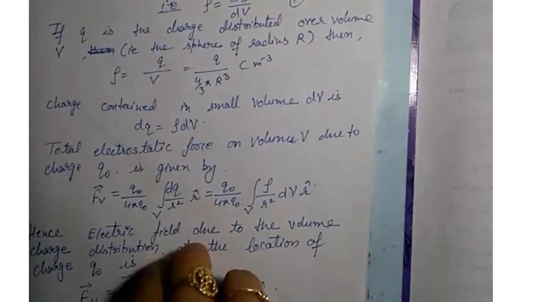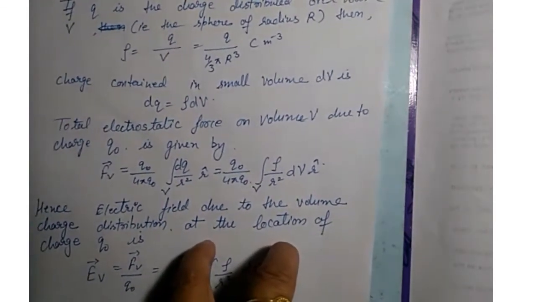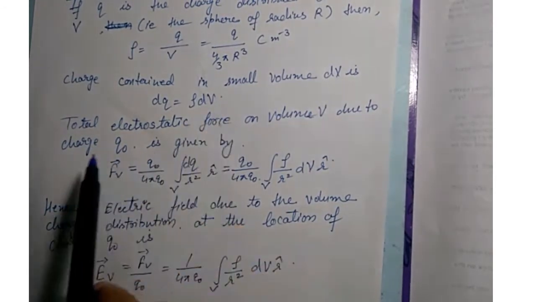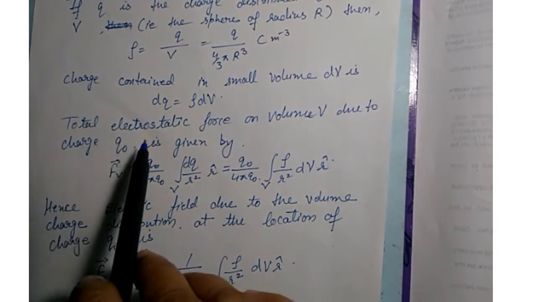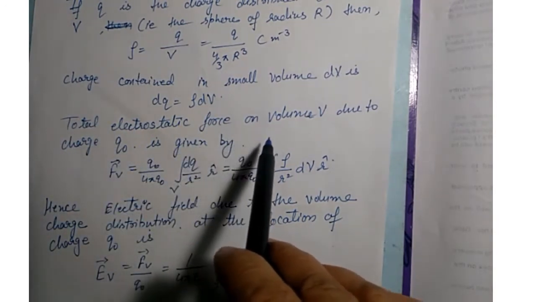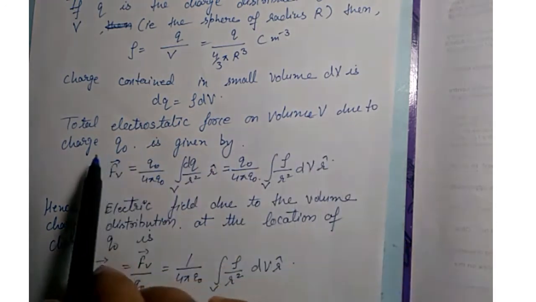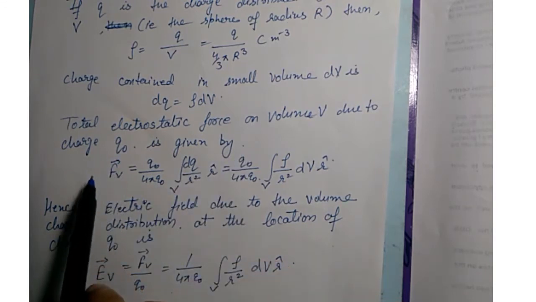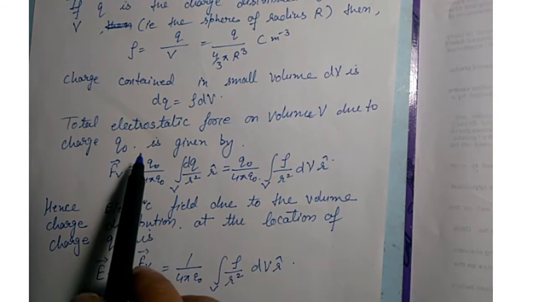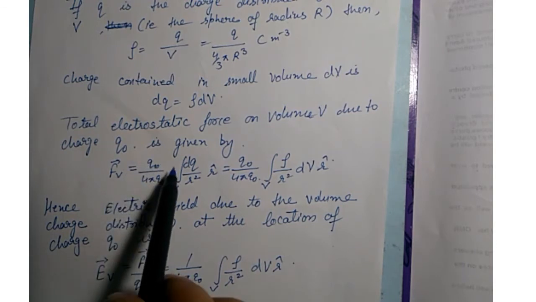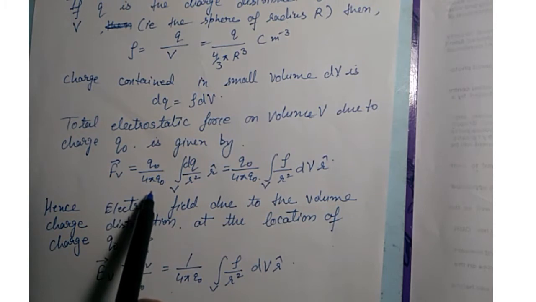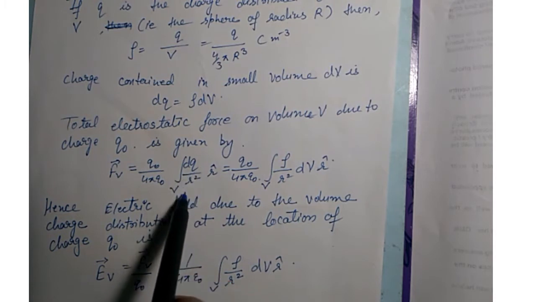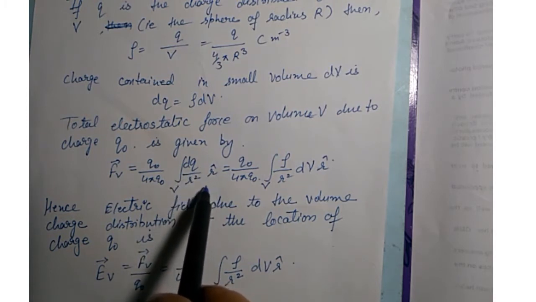Now, the charge contained in a small volume dV, that is dq, is equal to rho dV. Therefore, the total electrostatic force on volume V due to the charge Q naught is given by Fv, the force on volume, equal to Q naught upon 4 pi epsilon naught, which is a constant quantity, times the volume integration of dq upon r square, r unit vector.